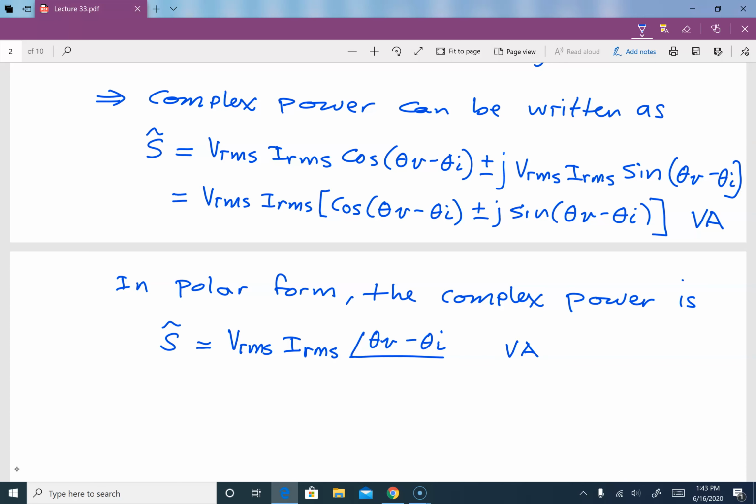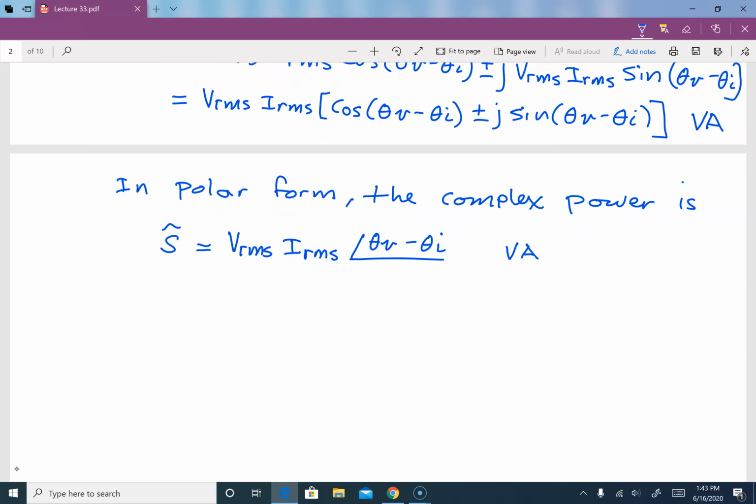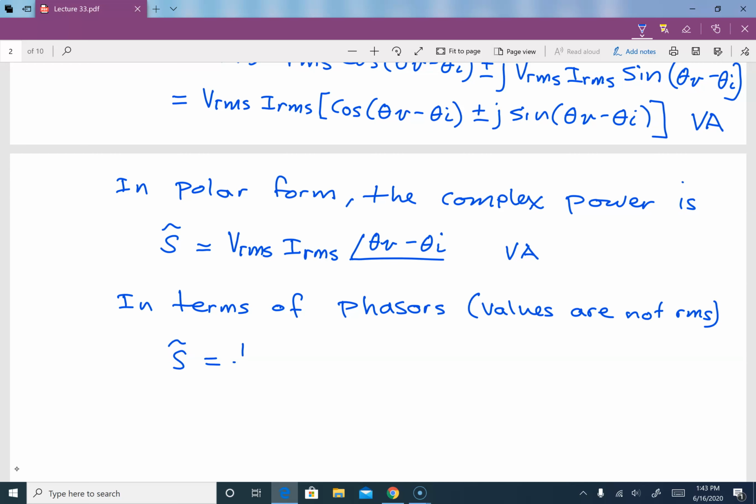So this is the polar form. Of course we can also use the complex power in terms of phasors, and over here the values are not RMS, we can say that our S is equal to 1/2 V times I conjugate.